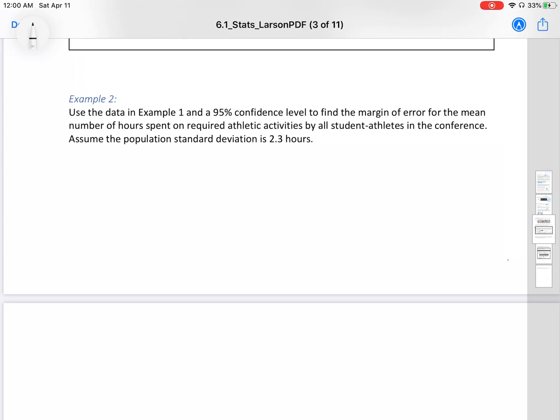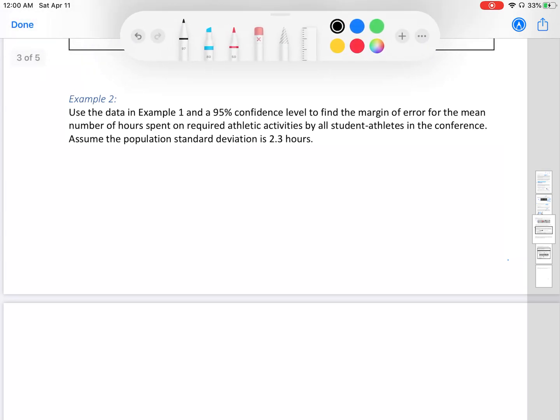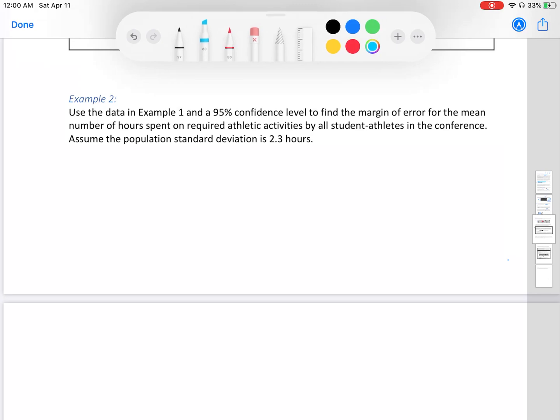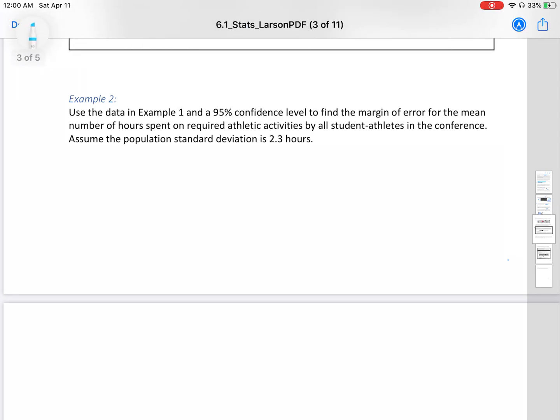All right, so whenever you read a question, I always have to read it about 4 or 5 times. I have to see what the story is telling me, try to see what we're going at, see what's given. It takes time, right? Now our question is asking us to find the margin of error.